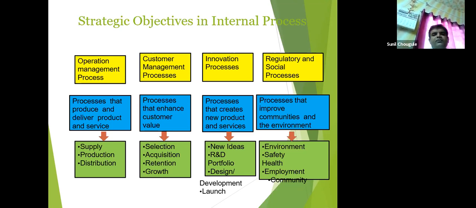Innovation process, this is certainly a very important one out of the four. What does the innovation process suggest to us? It creates new products and services, and new products and new services have their own challenges. Even for an existing product, it is difficult to sell with tough competition from competitors in the market.